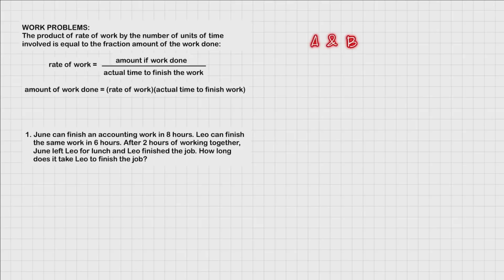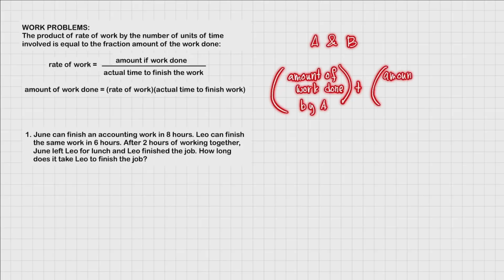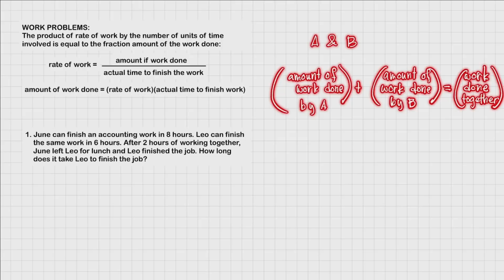In such cases, the basic equivalence relationship would be the amount of work done by A plus the amount of work done by B is equal to the amount of work done together. So you have work done together. So that's the basic premise of your work problems.